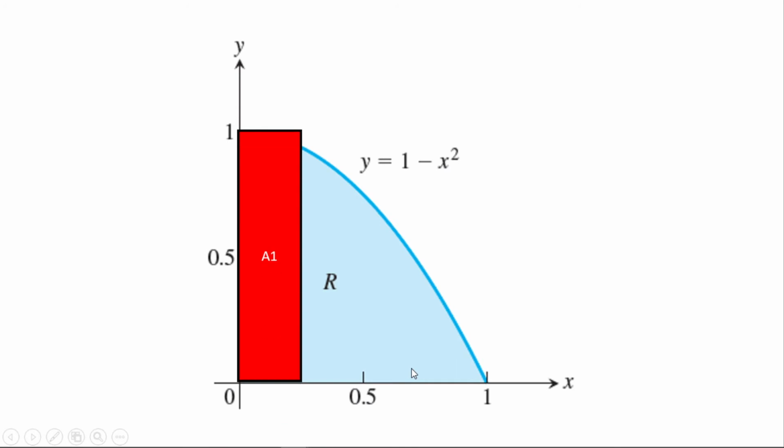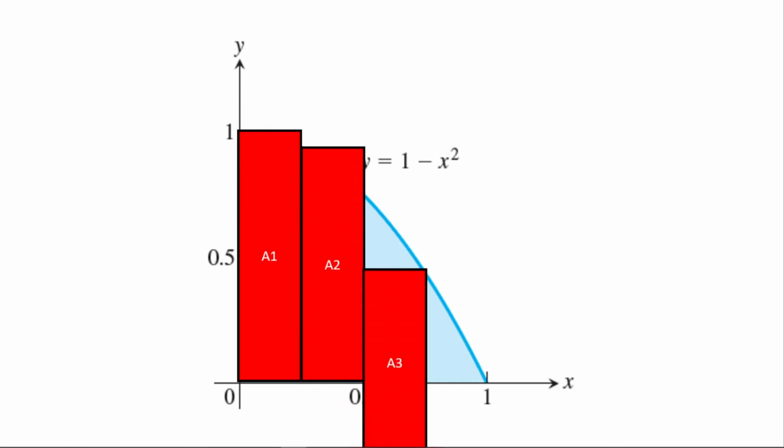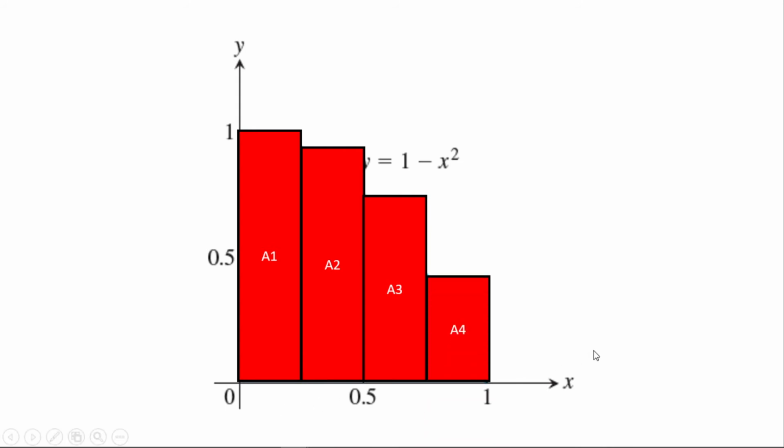Now, let us try to consider 4 rectangles in the graph. In the next figures, we can see that we reduce the width of each rectangle from 0.5 to 0.25.